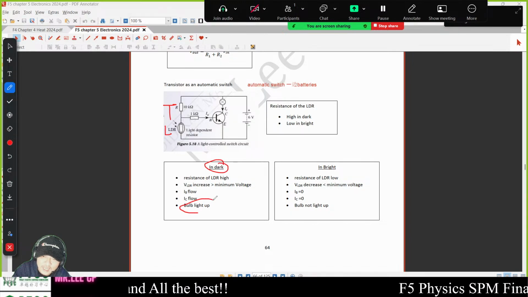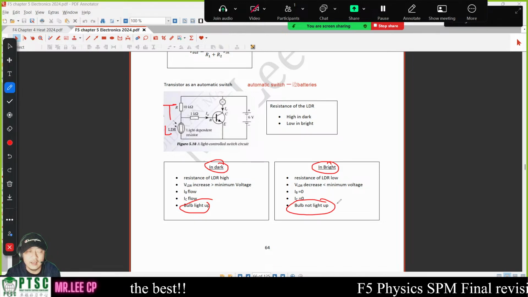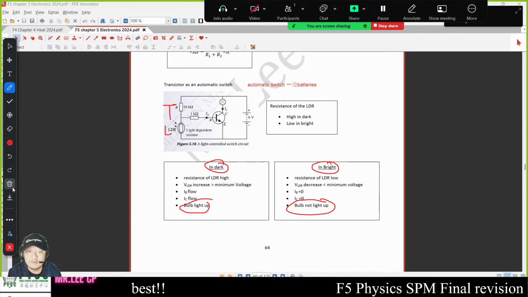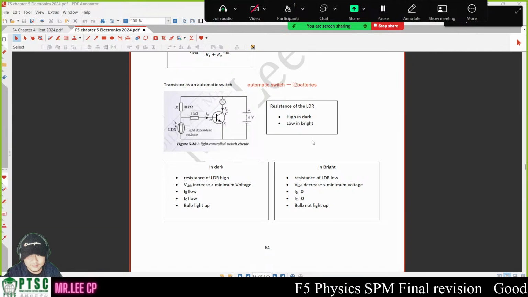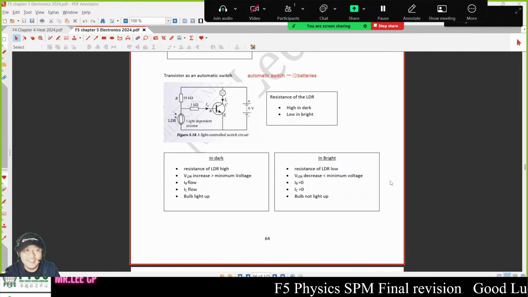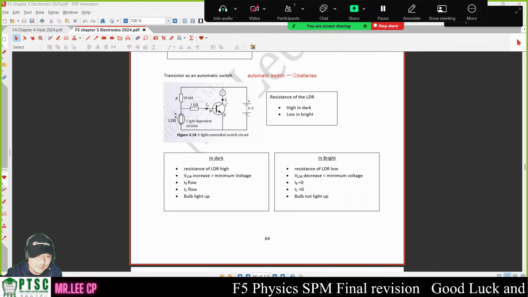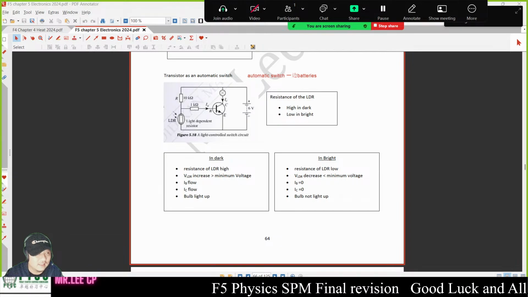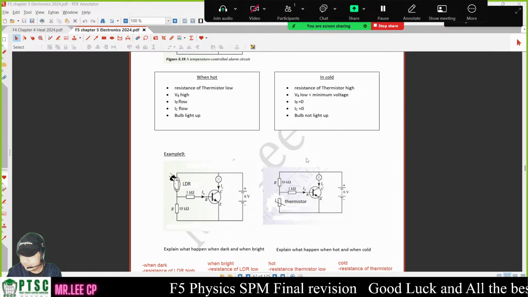Bright, not on. If you memorize, then it is fast. If not, then you have to go through IB, IC, and so on. No IE, just IB and IC. You need to tell how IB is, then how IC is, everything.